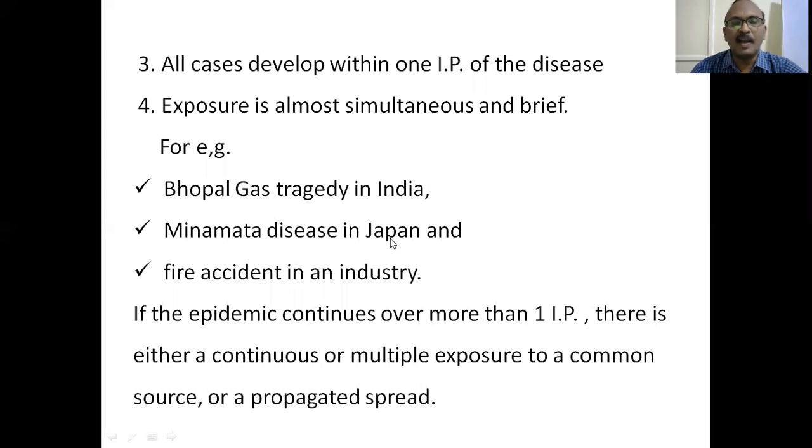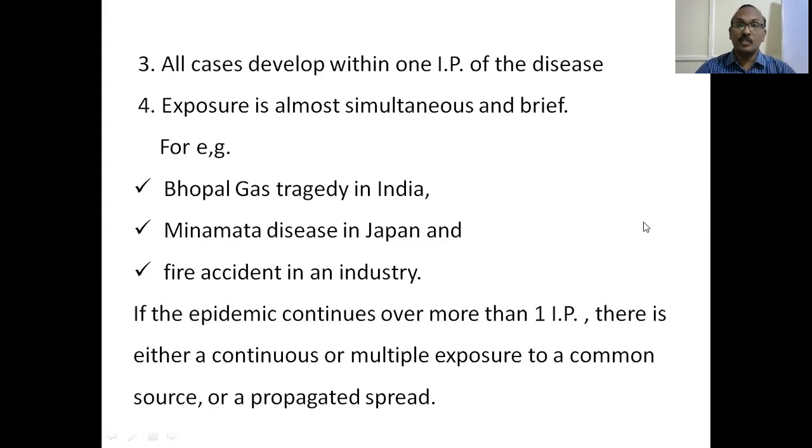Minamata disease in Japan is due to the consumption of fish and aquatic food rich in methyl mercury. In Minamata Bay in Japan, factory waste was dumped in the sea, and people used to consume the fish from the bay.